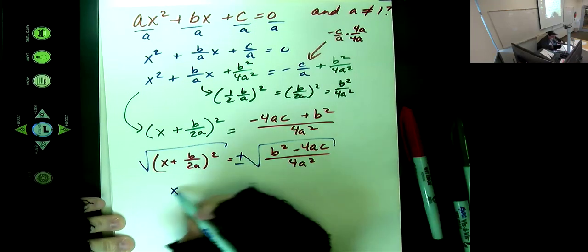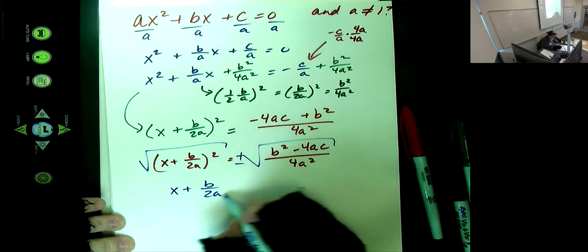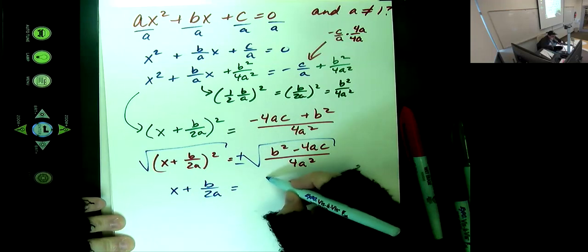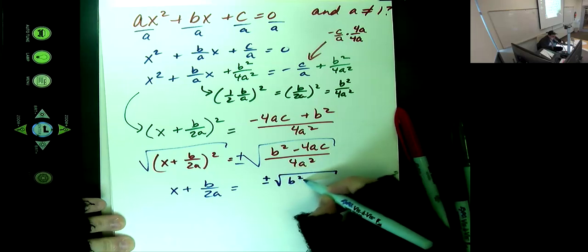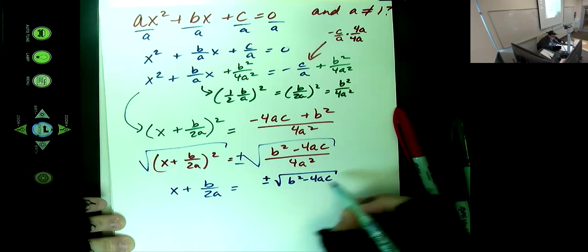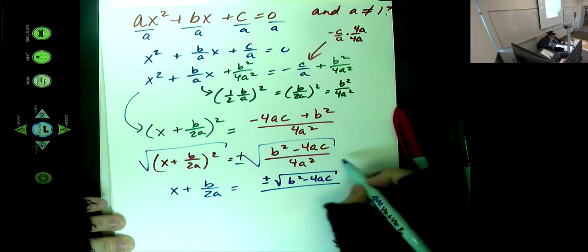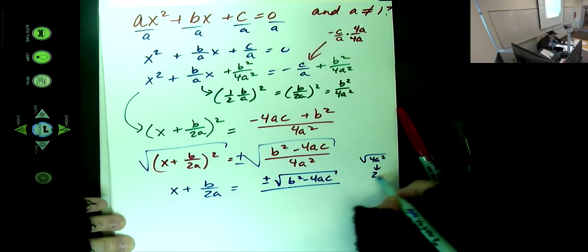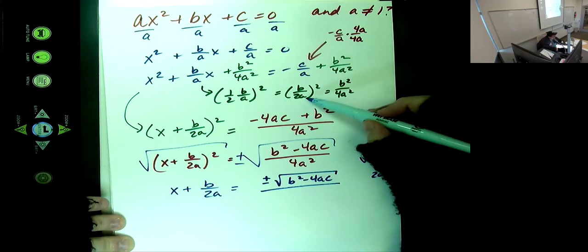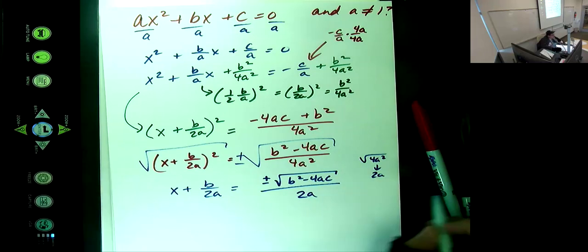I got x plus b over 2a equals plus or minus the square root of b squared minus 4ac over 4a squared. The square root of 4a squared is 2a. In fact, we saw that here. We started off with 2a squared on the bottom, so that's just 2a down there.